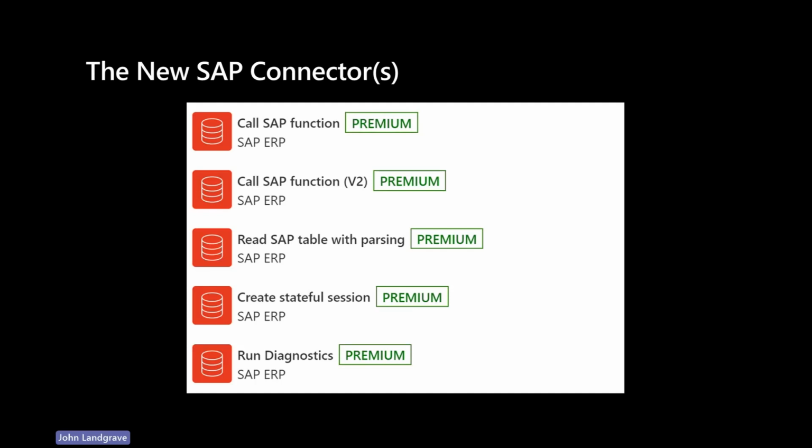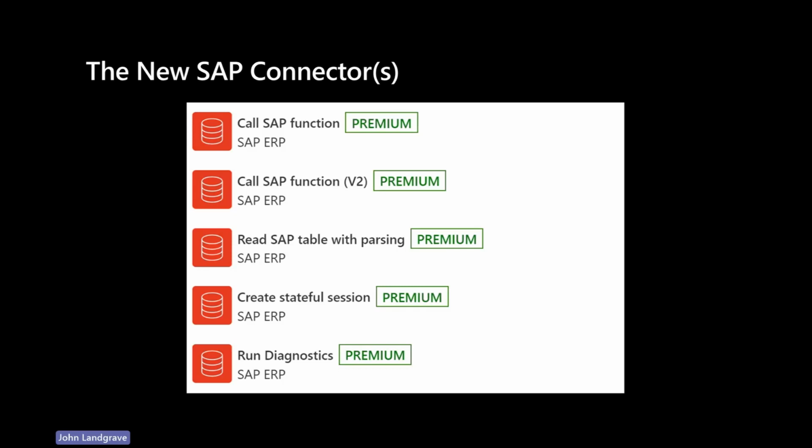There are two call SAP functions, and the original connector is still available and accessible for legacy reasons. However, the configuration of that connector is markedly different from the configuration and functionality of the V2 connector.